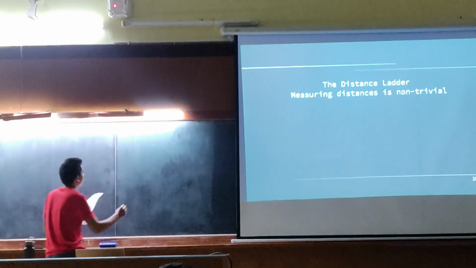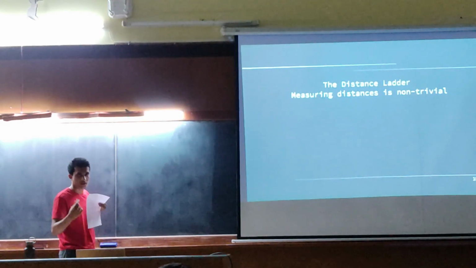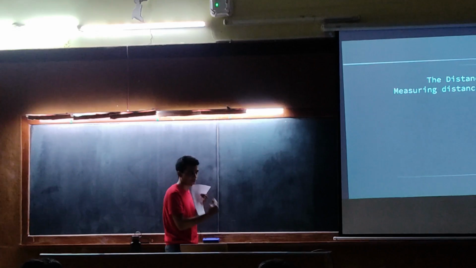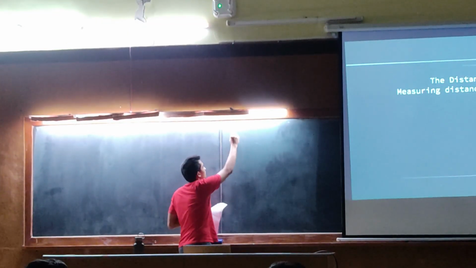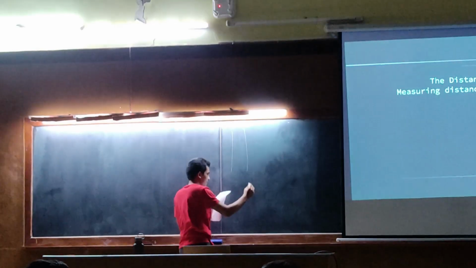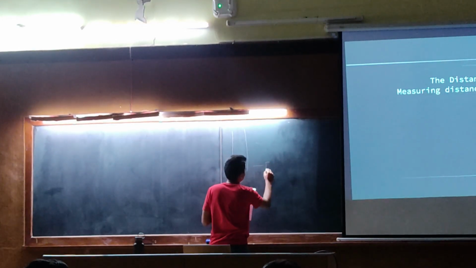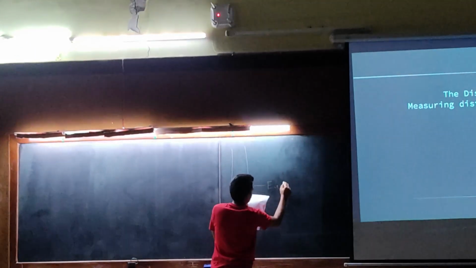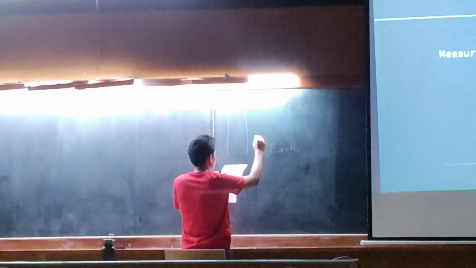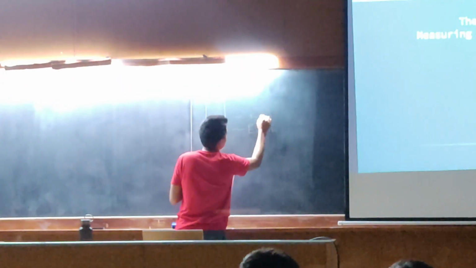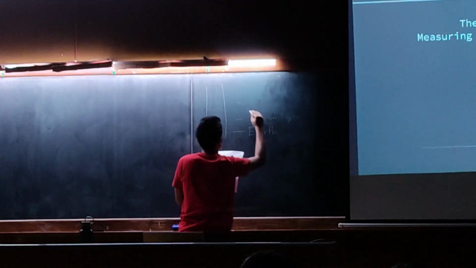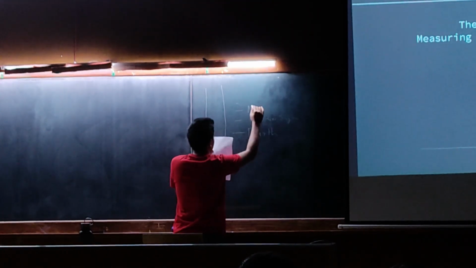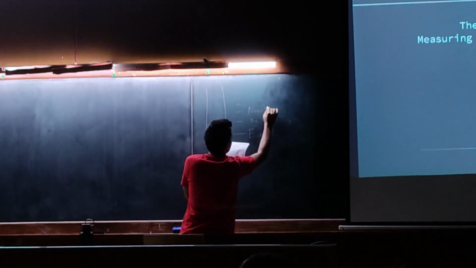As we keep on adding steps to the distance ladder, I'll be building the rungs. So this is the distance ladder. We'll start first with Earth, our planet, and then we'll go to the solar system. Then we'll see how we measure distances to nearby stars.